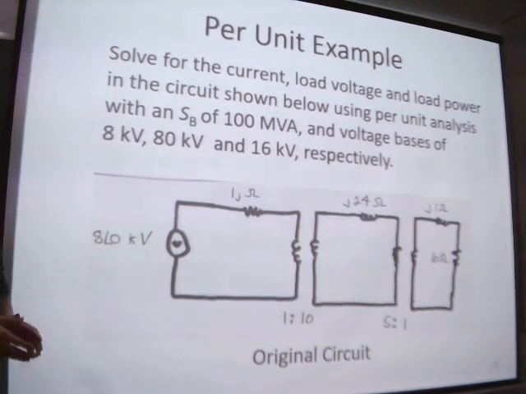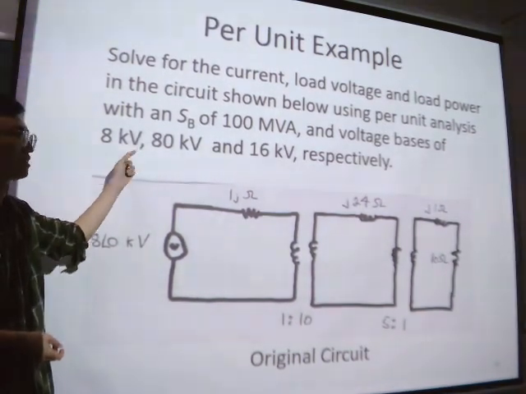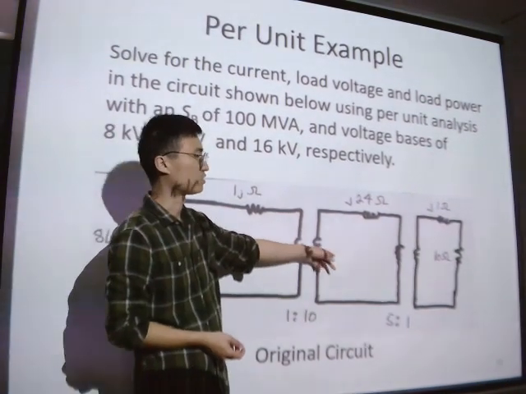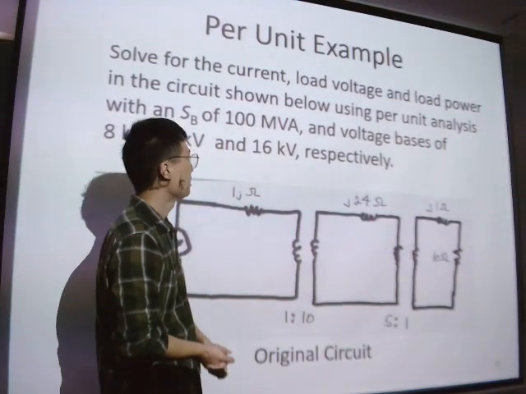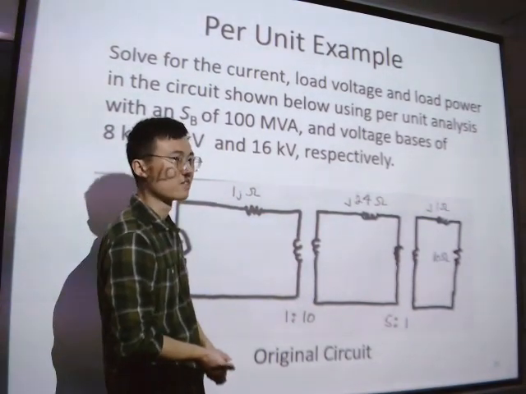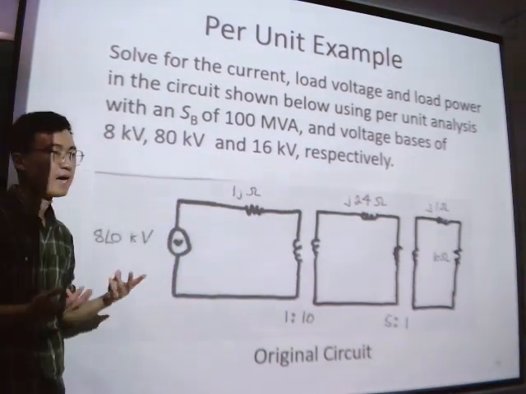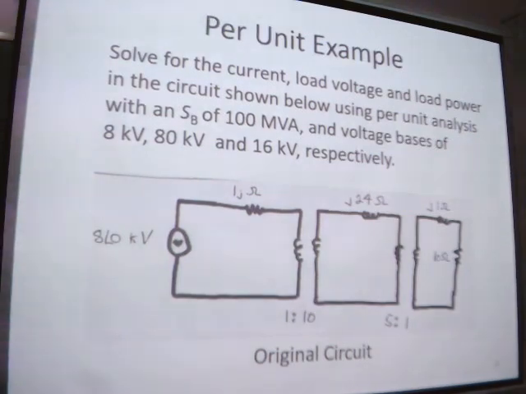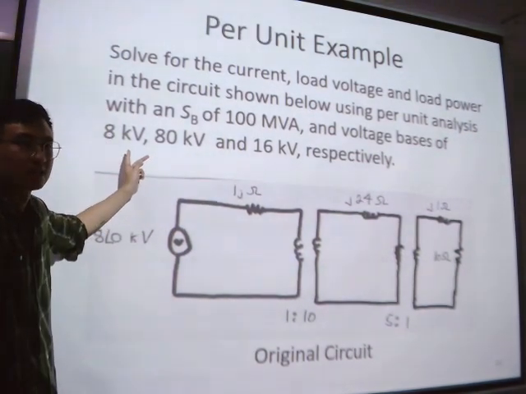That's like for 3 PU. Here it is 24 kV, here 240 kV, and here 40 kV.